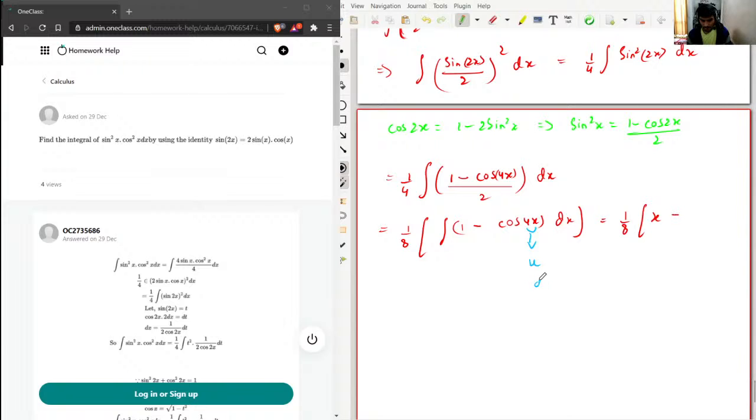So du will be, differentiation of 4x will be 4. So this will be 4 dx, divide both the sides with 4, and this will be cos of u du by 4.